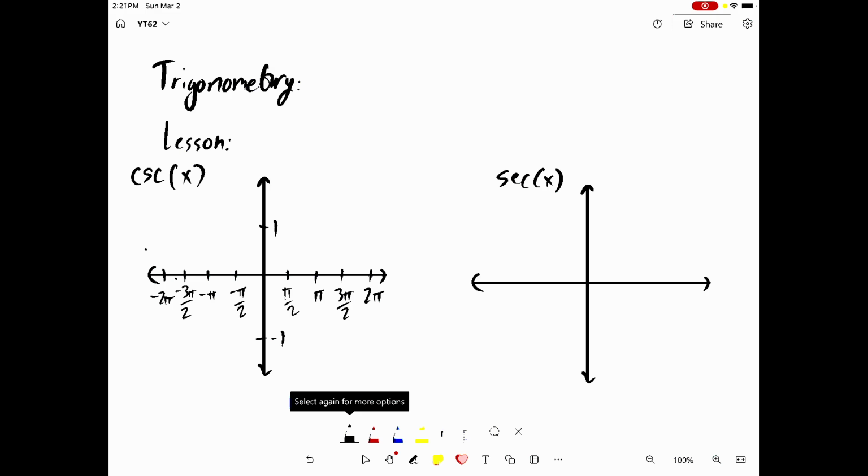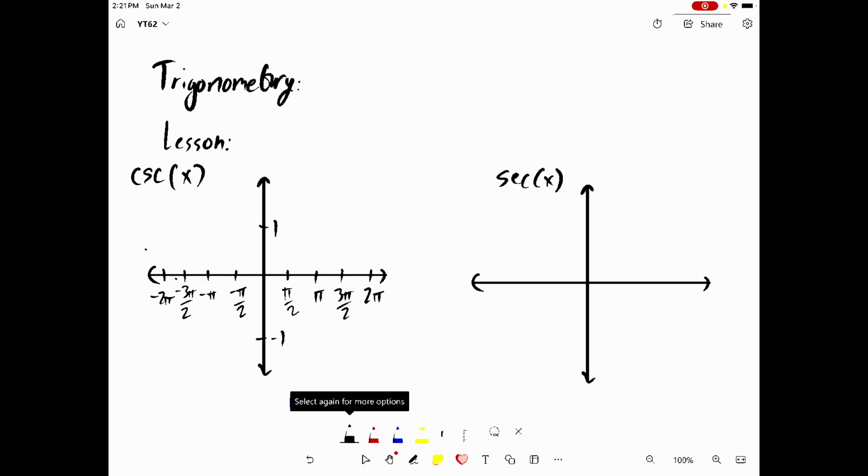So what we're going to do is start with some of the obvious. Cosecant's asymptotes are at pi n, where n is any integer, like 1, 2, or -1, -2, etc. So its first asymptote is going to be at 0. So we have a vertical line there.